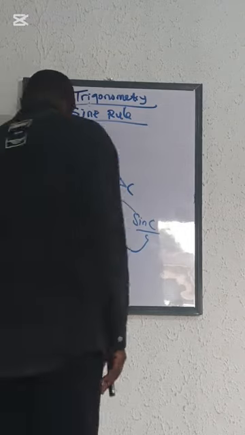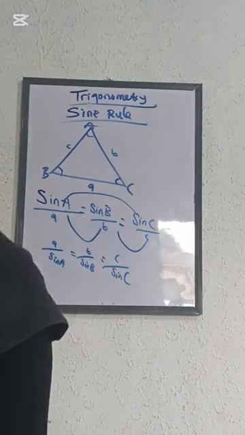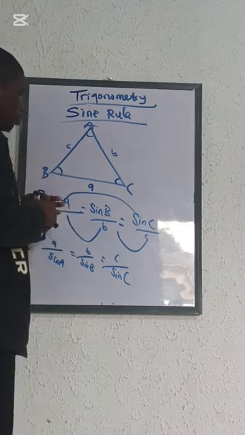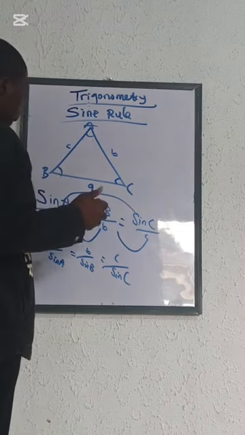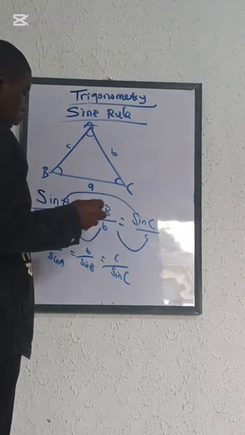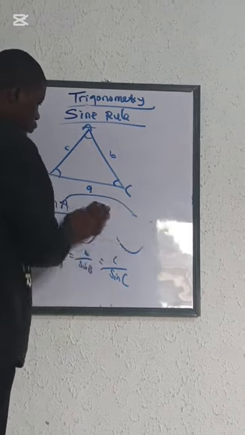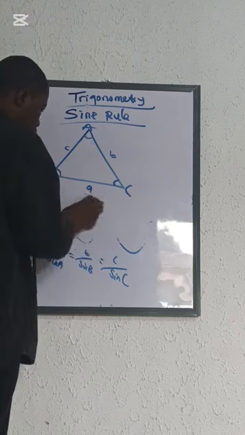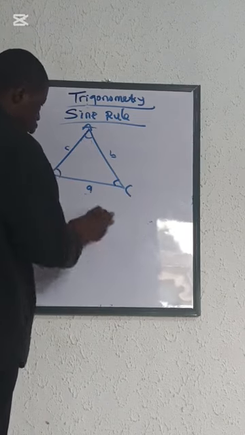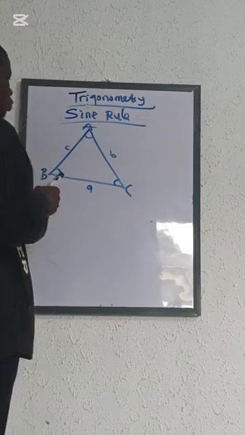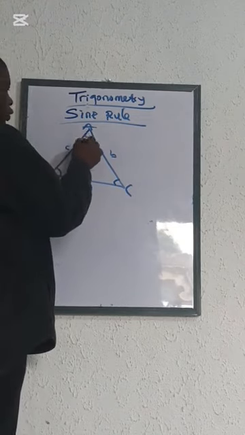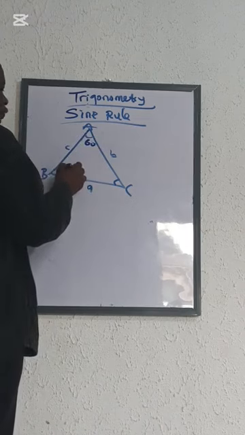So, for example, we have 60, we have 45.